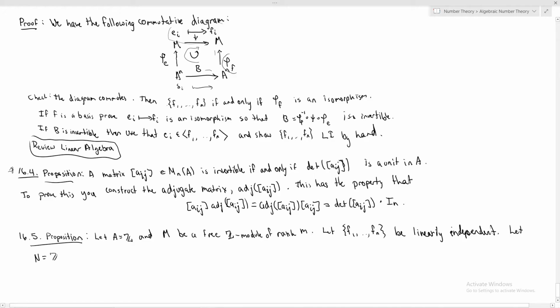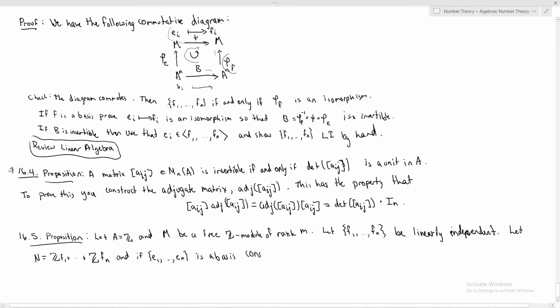N is going to be Zf1 plus ... plus Zfn. Okay, so this is the module generated by f1 through fn, and let's say this guy is a basis.